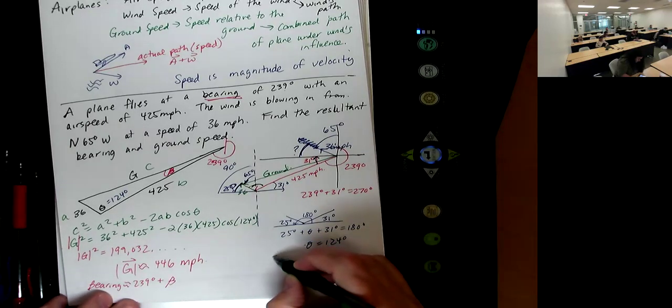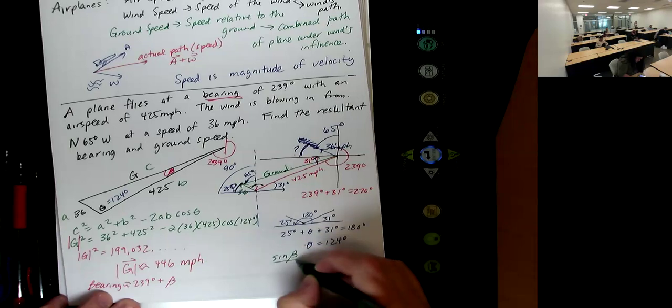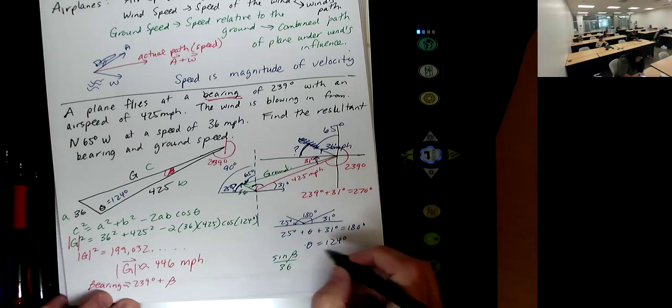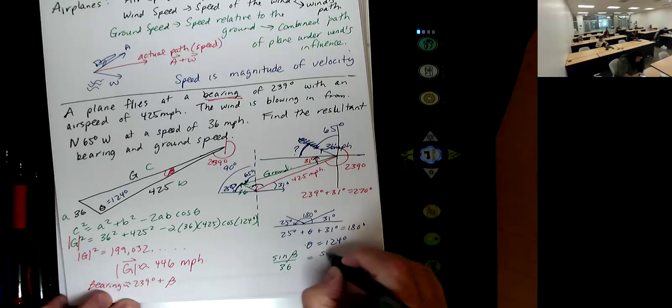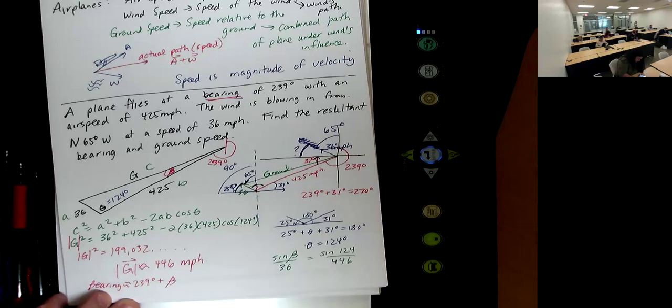So we'll say sine beta over 36 equals sine 124 over 446.